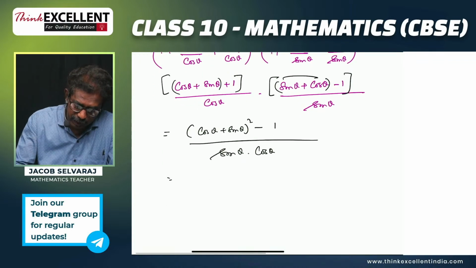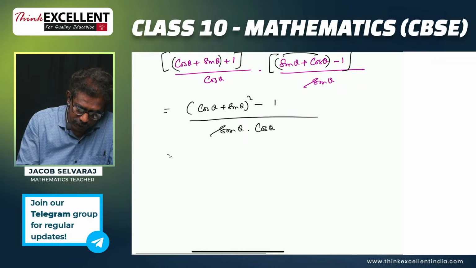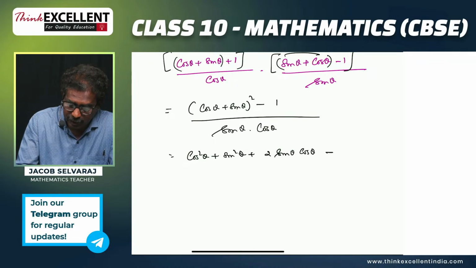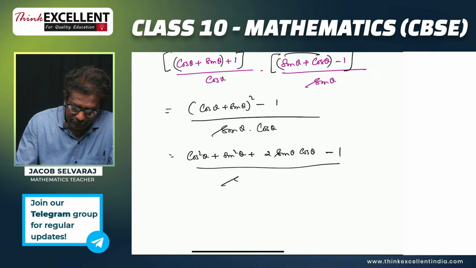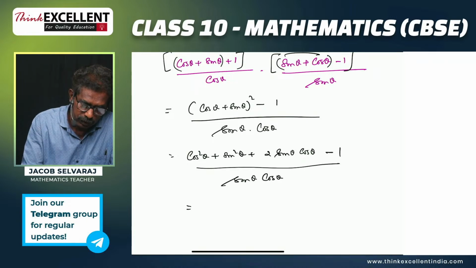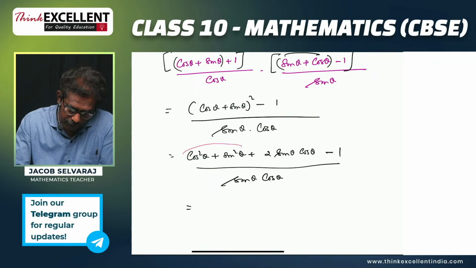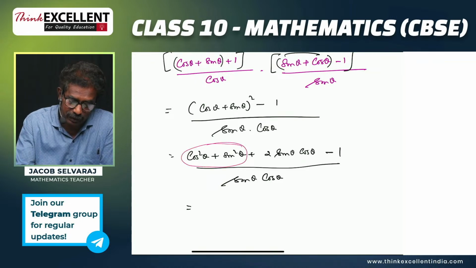Now we expand this one. A plus B the whole square. Cos square theta plus sin square theta plus 2 sin theta cos theta. Don't forget to write that minus 1 divided by sin theta cos theta. Now look at this. This sin square theta plus cos square theta is 1, right? I'm not writing the step now.